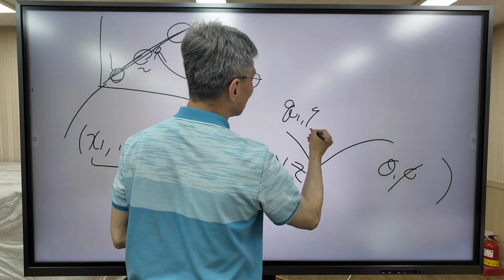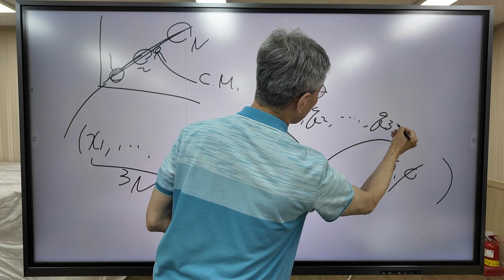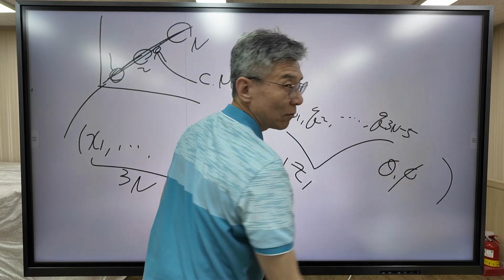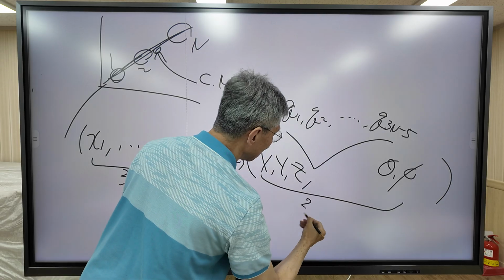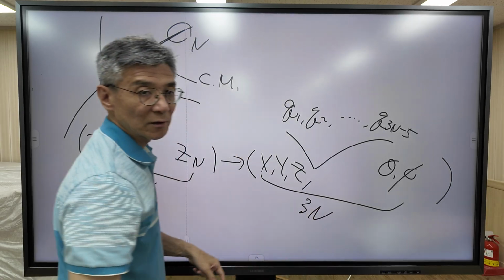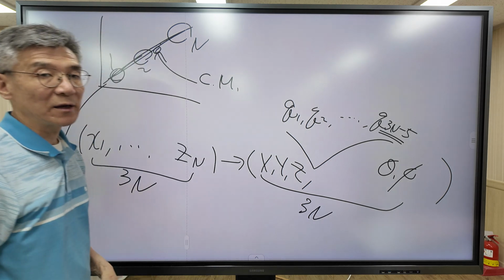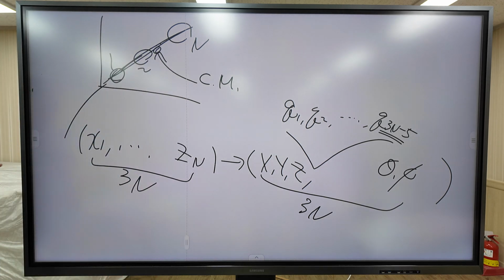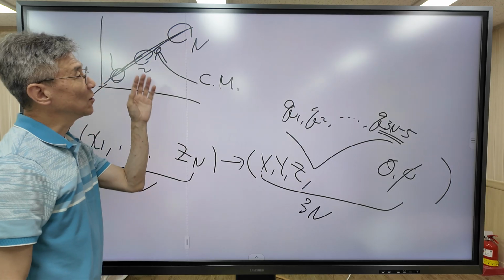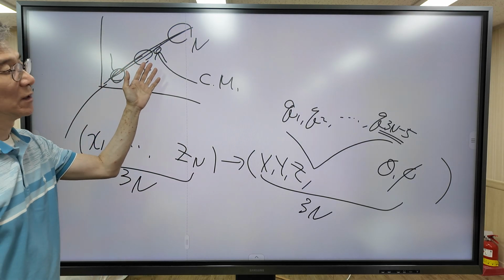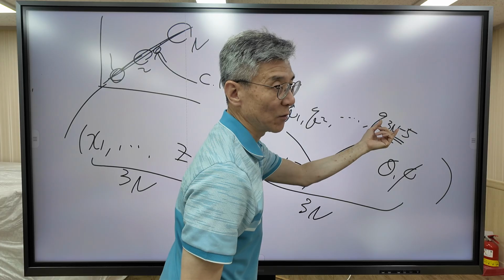Q1, Q2, and so on up to Q(3n minus 5), because when you add up all the coordinates, it leads to 3n. So we have a total of 3n minus 5 vibrational modes. This is a general formula for a linear molecule which has n atoms.